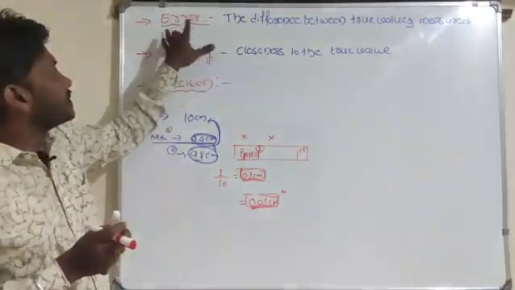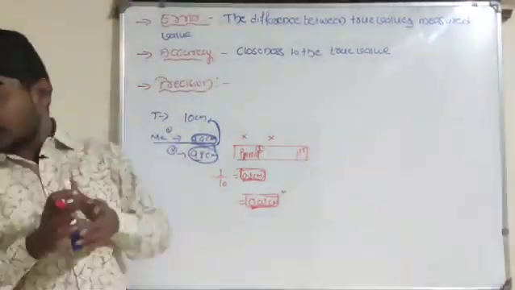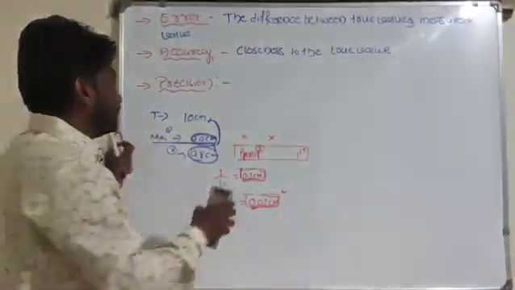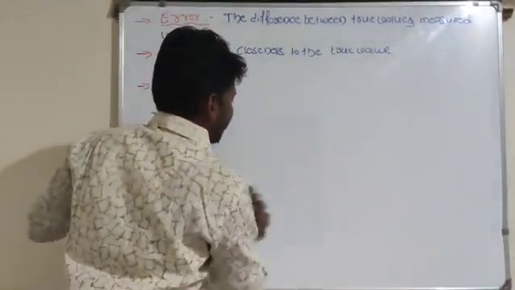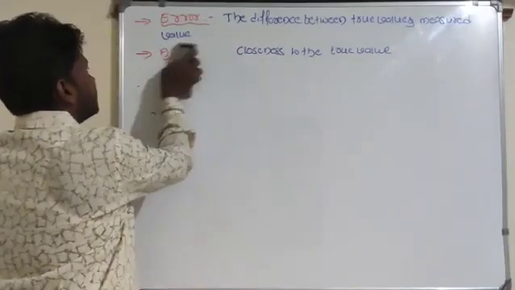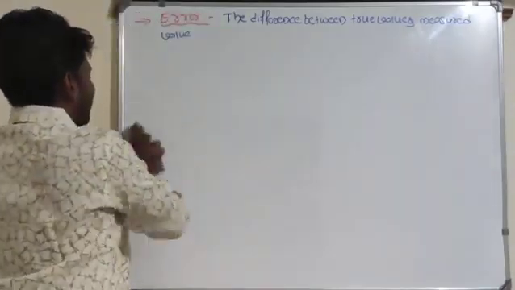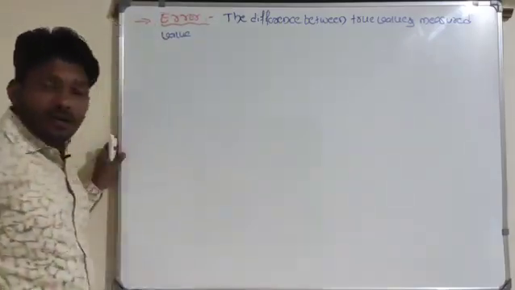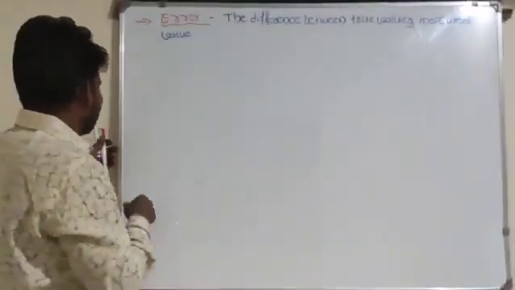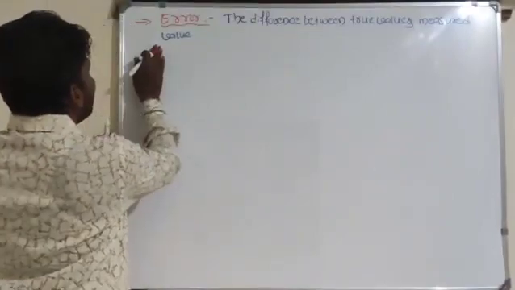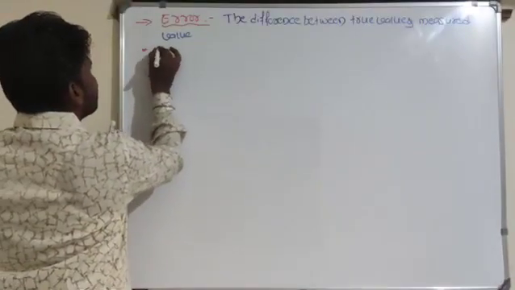Now I will focus on errors. In case of errors, there are two types of errors: one is systematic error and another one is random error. Let us understand the types of errors.